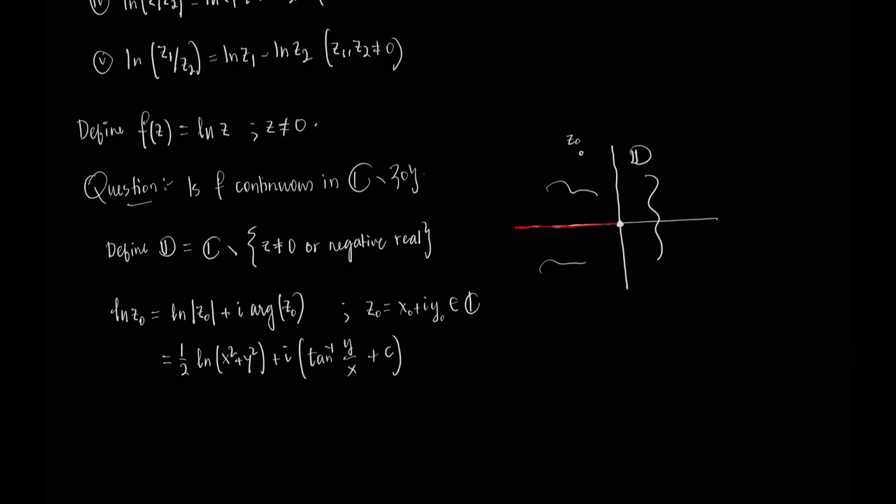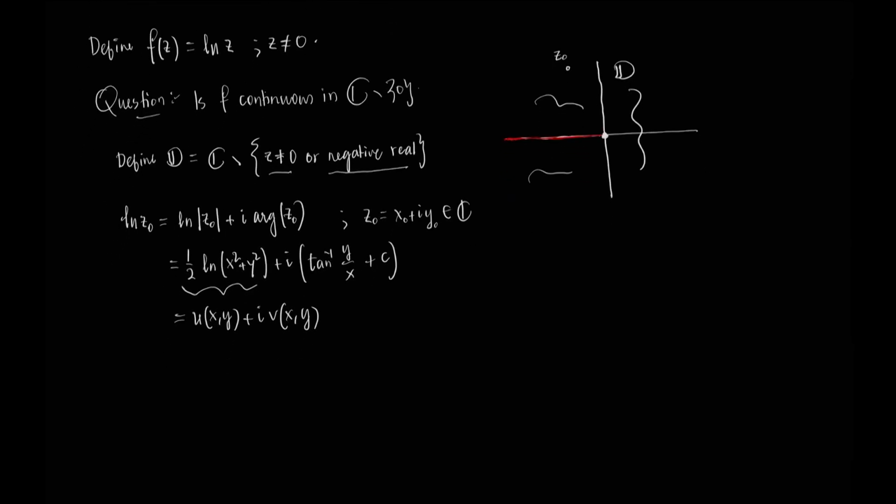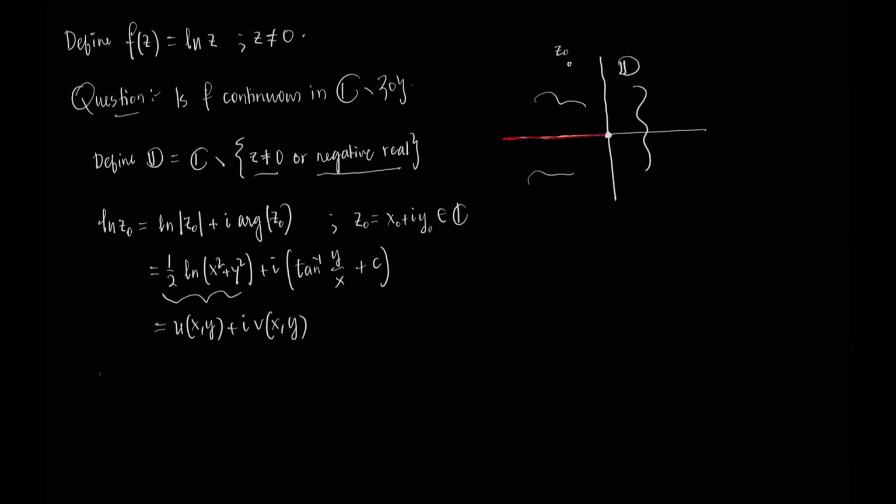Now, from the very definition, if I take z which is not 0 or a negative real number, then the real term, let's call it u of x y, plus i v of x y. You don't have to worry, u and v are both continuous functions in the given domain D. There is absolutely no issue.